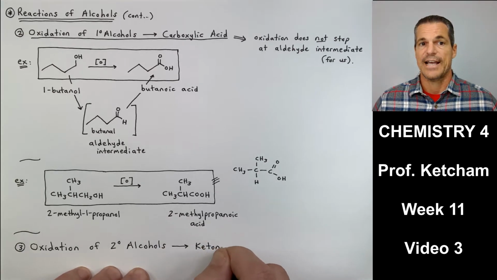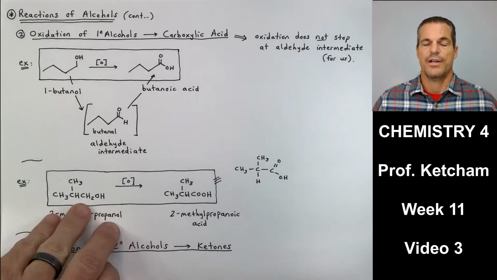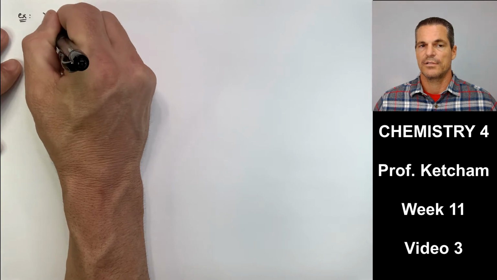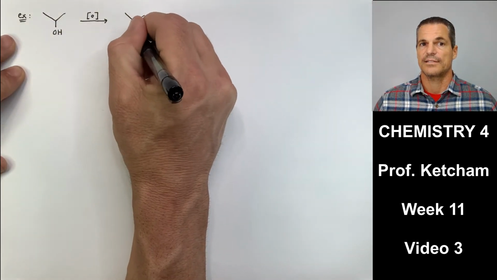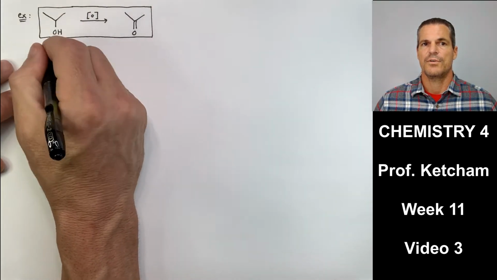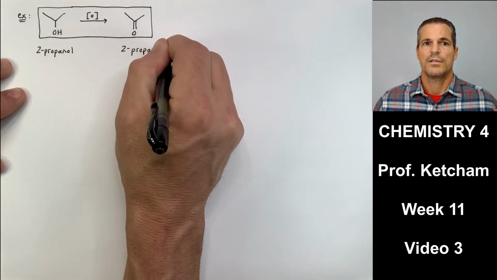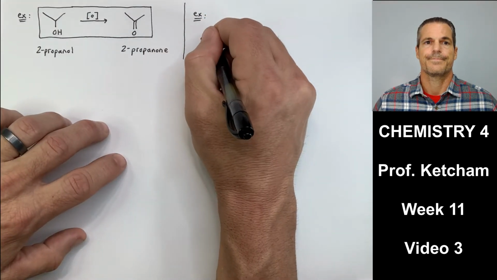The third and last type of reaction for alcohols is the oxidation of secondary alcohols, and secondary alcohols get oxidized to ketones. So the primary alcohols are oxidized to carboxylic acids. Secondary alcohols, like in this example at the top of page 2, get oxidized to ketones. So 2-propanol yields, upon oxidation, 2-propanone.